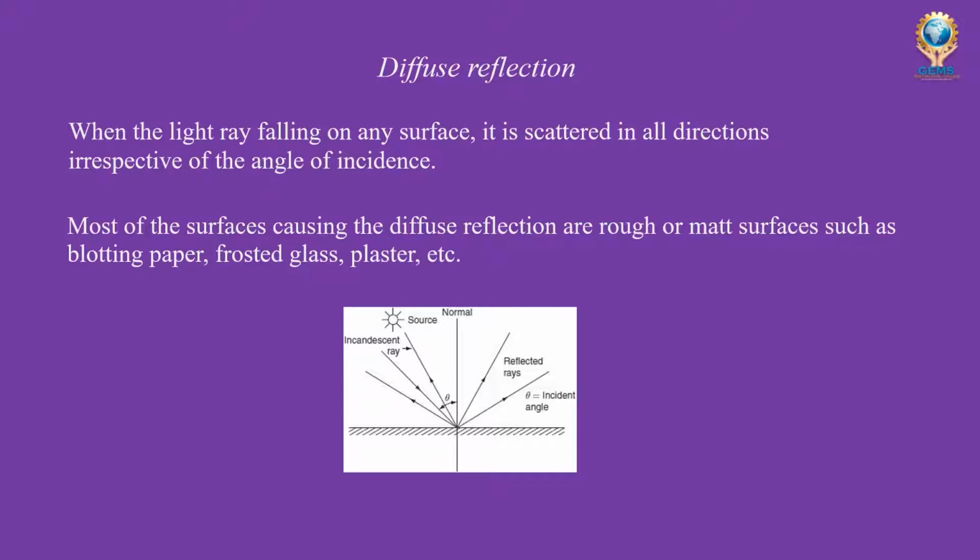This will happen when the surface is not smooth or polished. Most of the surfaces causing diffuse reflection are rough or matt surfaces, like blotting paper, frosted glass and plaster. These things cause the diffuse reflection.